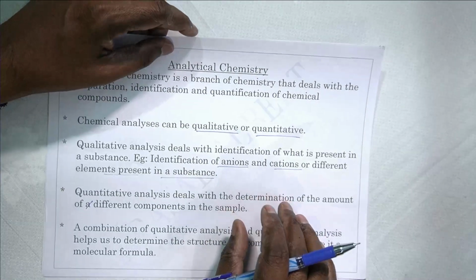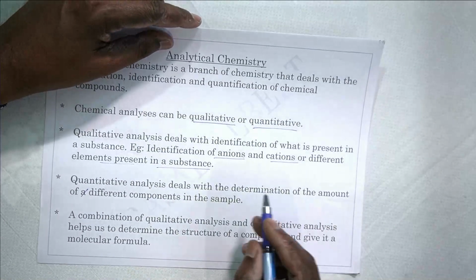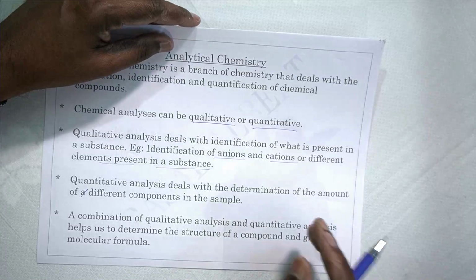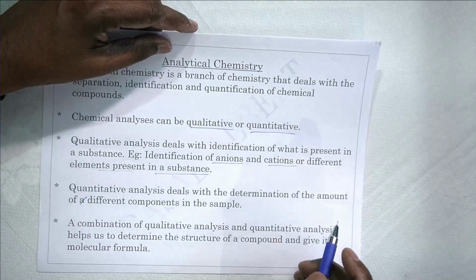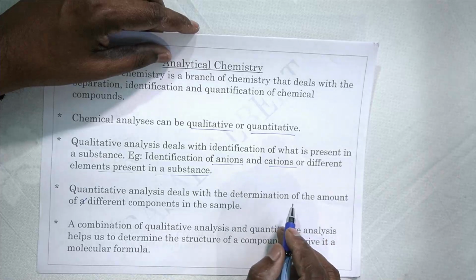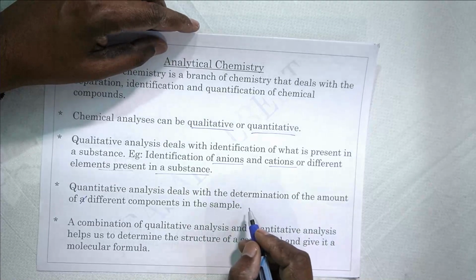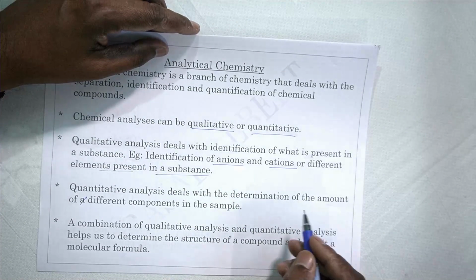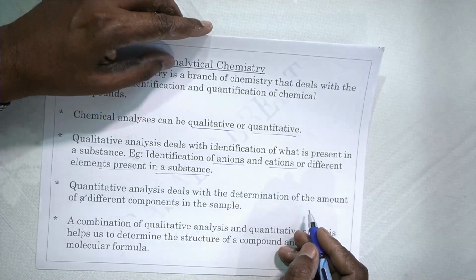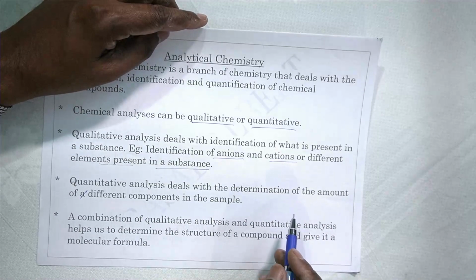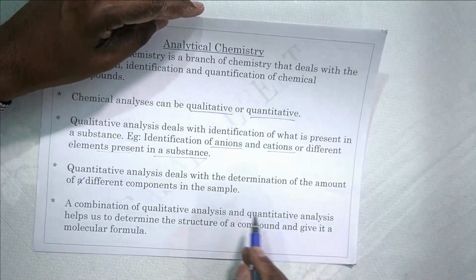Next is quantitative analysis. As the term goes, it deals with quantity. How much of each substance is present there? If the elements are identified, how much of each element is present in that substance, so that we can find out the percentage of each substance. In other words, we can find the percentage composition.